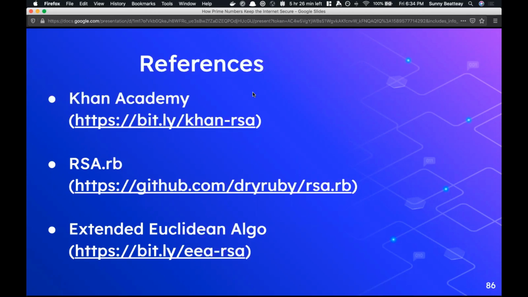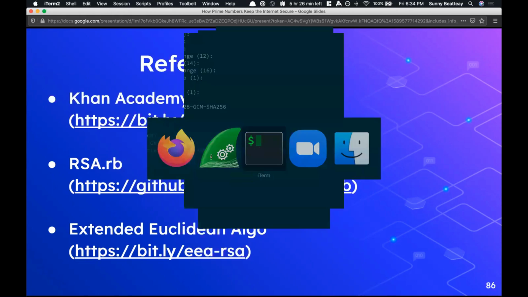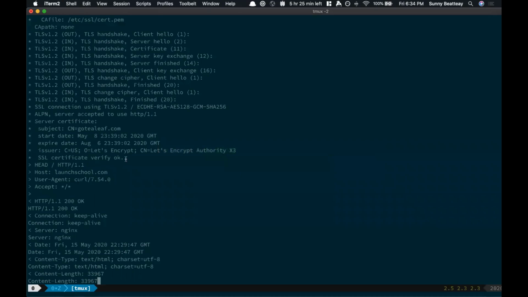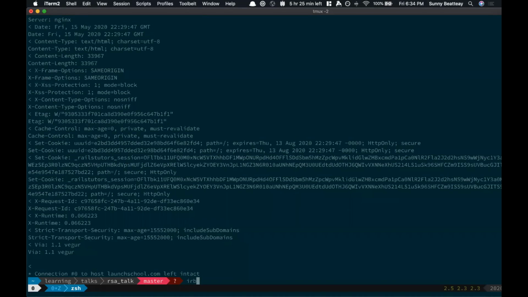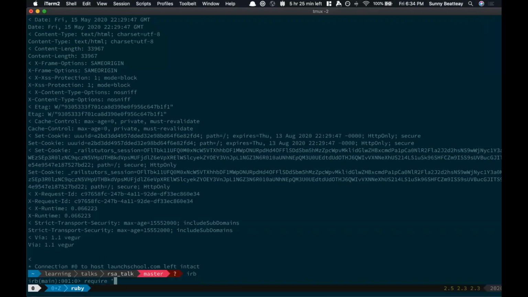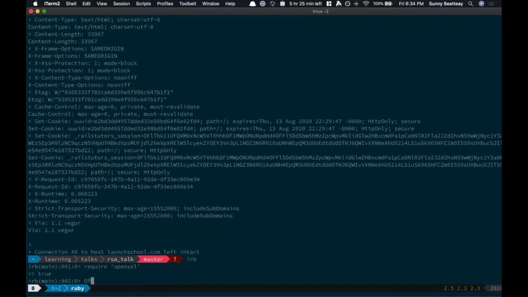It's hard to give an example of that, but let me give a quick example in Ruby. If I go to IRB, there's a library that allows you to generate prime numbers really quickly. It's called OpenSSL.